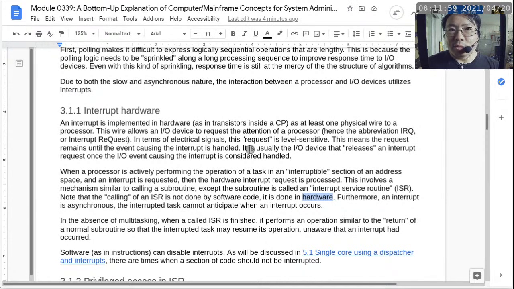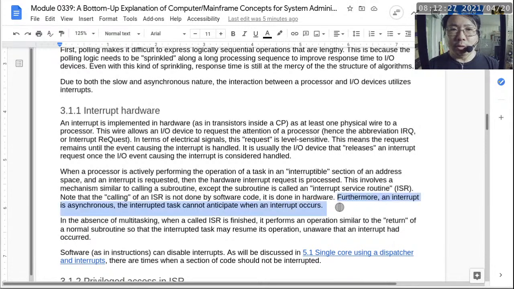That goes back to the low-level detail we talked about a little bit earlier. The bottom line is there's no actual instruction calling the ISR. The result of ending up executing inside an ISR is triggered by hardware. It is not a software instruction that does that.